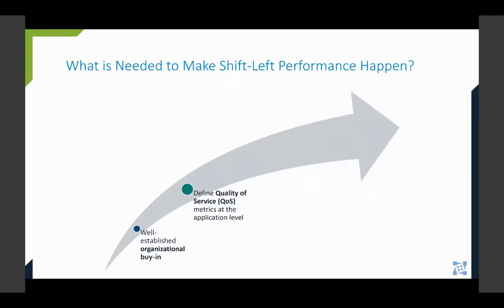We recommend defining then quality of service agreements at the component levels of your application, and I'll go into why this is in a moment. And then we suggest shifting focus from UI testing to API testing. And the last step, once you've achieved those other steps, is making performance testing part of your CI/CD pipeline.